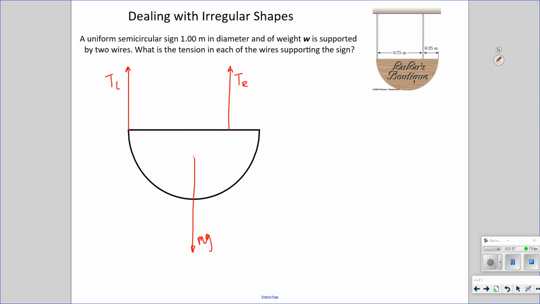Now, we don't know either of these tension forces, so the right approach is to put my axis of rotation at one of the points of action of those forces, and therefore the torque created by, in this case, T_L is nothing. There are two torques, one created by mg, one created by T_R, and those two torques must be equal and opposite for the net torque about the chosen axis to be 0.